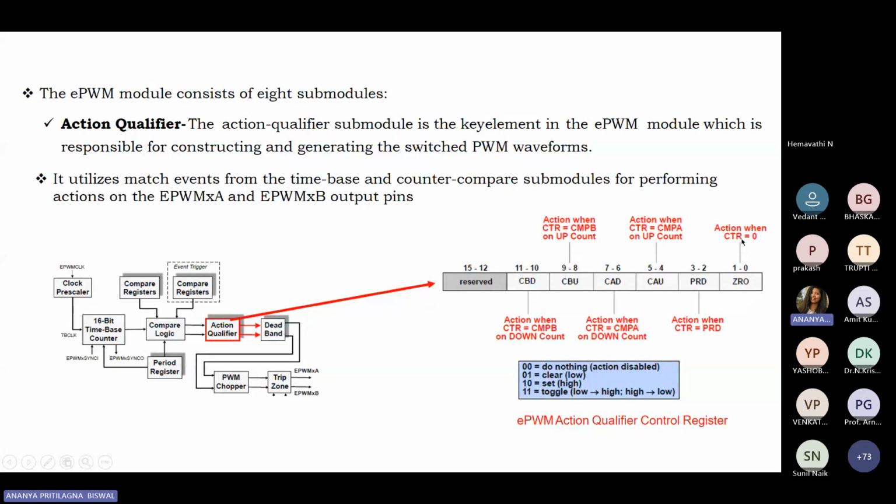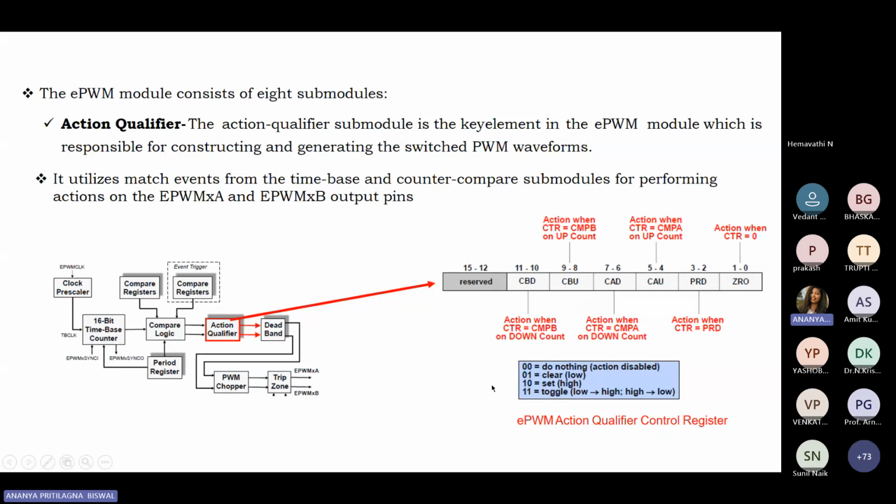Here bits 1 to 0 are defined for action when counter equal to 0. Similarly, bits 4, 5 represent CTR equal to CMPA on up count, and CTR equal to CMPB on up count, and bits 10, 11 are for down count, and 6 to 7 is also for down count.